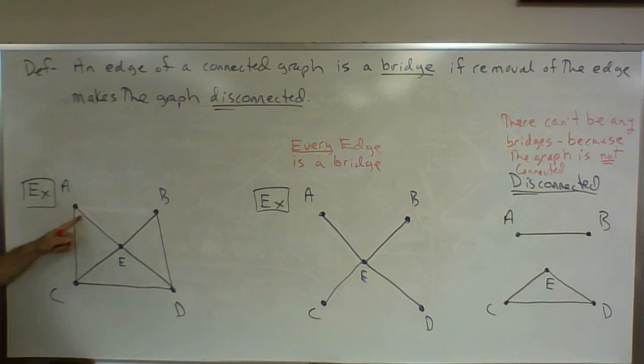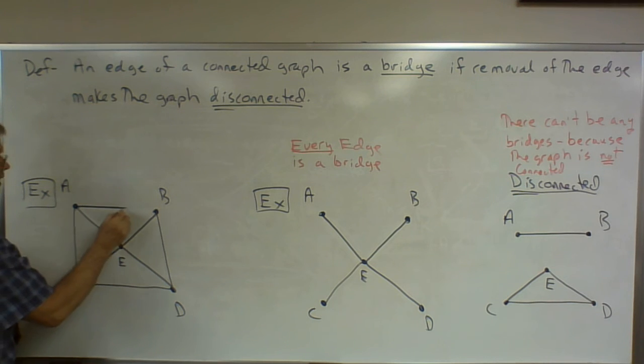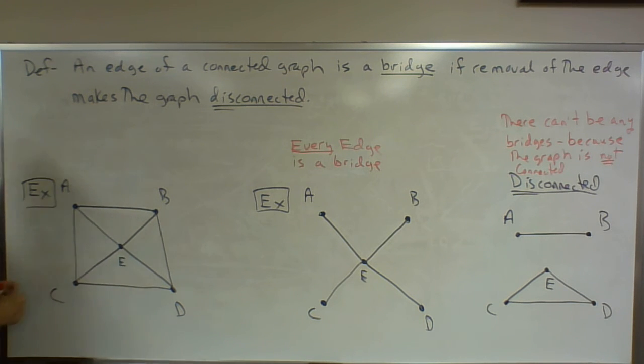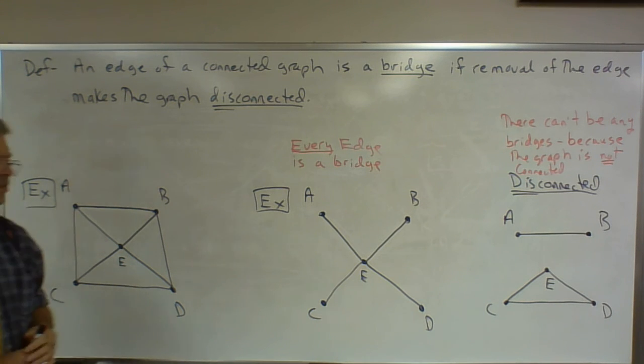There's a path from A to every other vertex in the graph. So the graph is still connected. There is no edge in this graph that is a bridge. Maybe we'll look at one more.